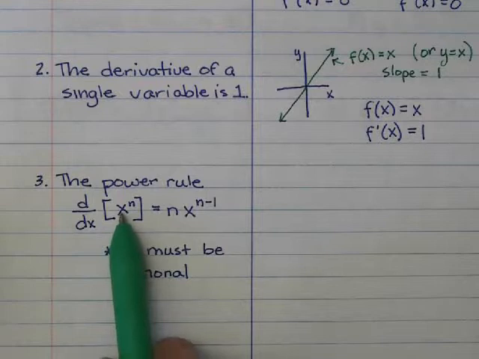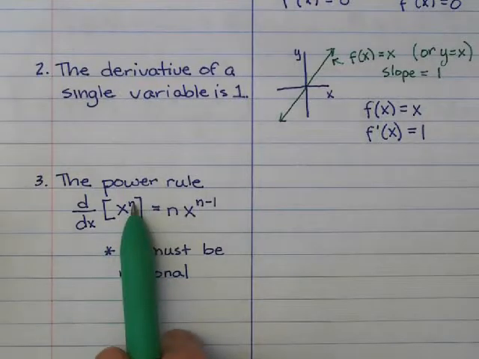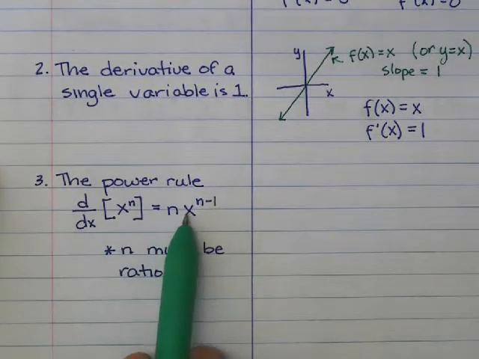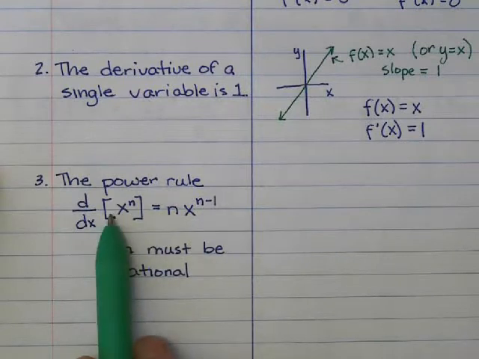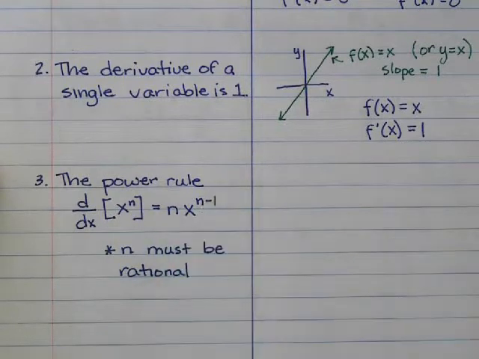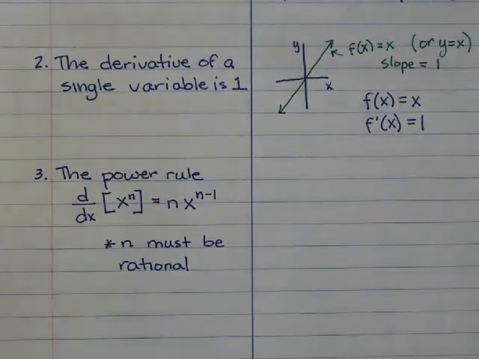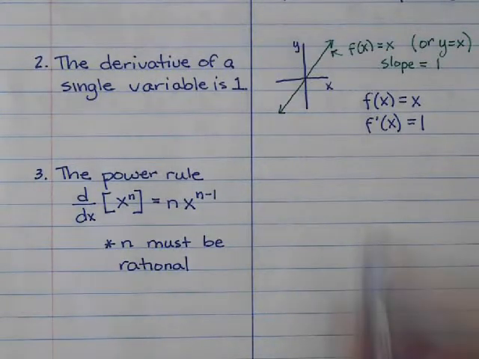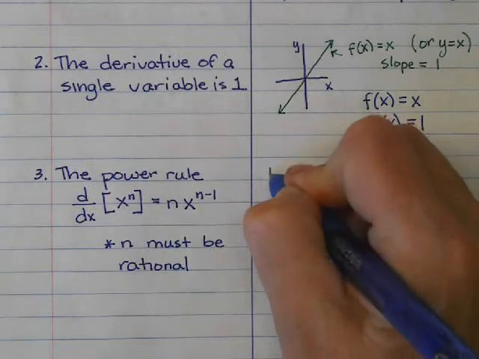So they're saying the derivative of some variable to some power, basically, we're talking a lot of polynomials and rationals, is equal to, you bring the n down in front, and then you subtract 1 from the n. And I'll show you an example of that. And n has to be a rational number in order for this to work. Okay, so let's just look at some examples.